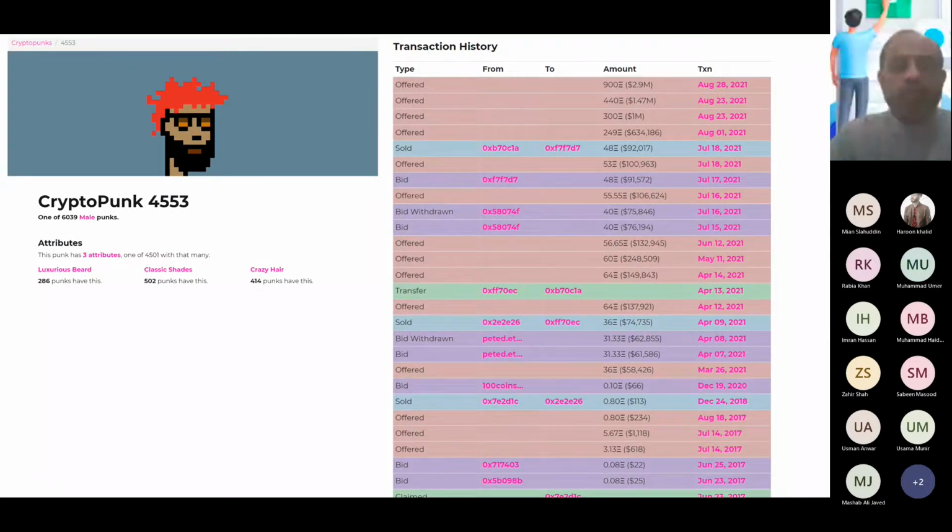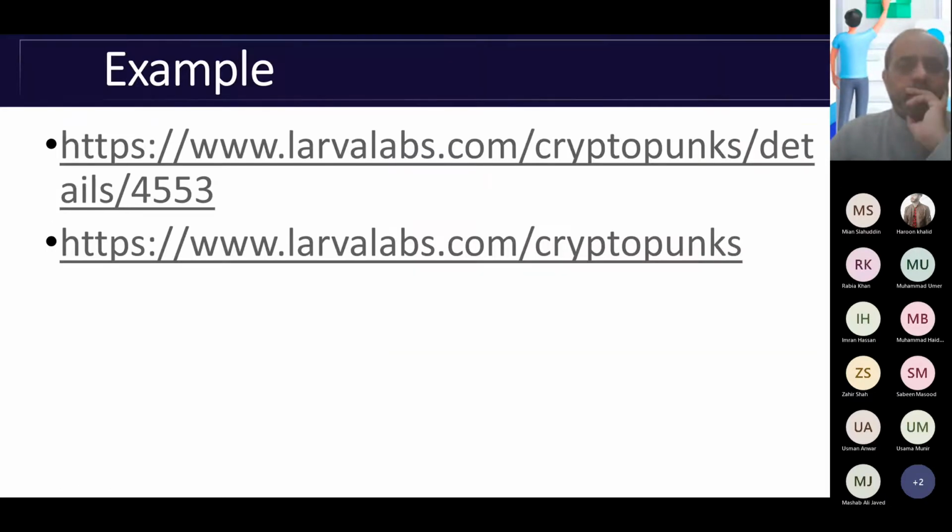So this is the way the transactions are seen and recorded on the ledger. As you can see, this particular CryptoPunk, and I told you that there's a website which tells you all about this, was sold for this much amount on this date. Now people are putting offers, which are here and being recorded on the ledger. And these are the links I gave you to see the lab which actually created these CryptoPunks, and then you can go and see the pictures of all of them on this website.